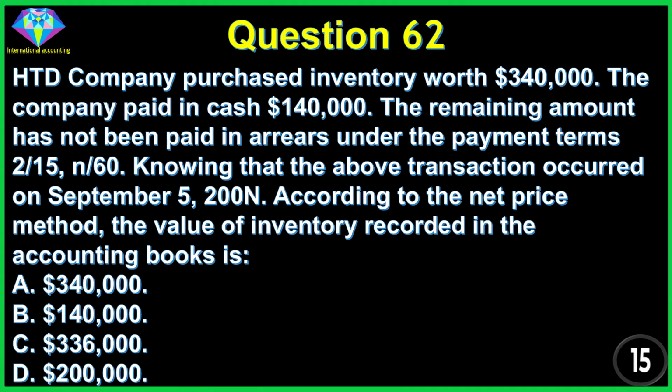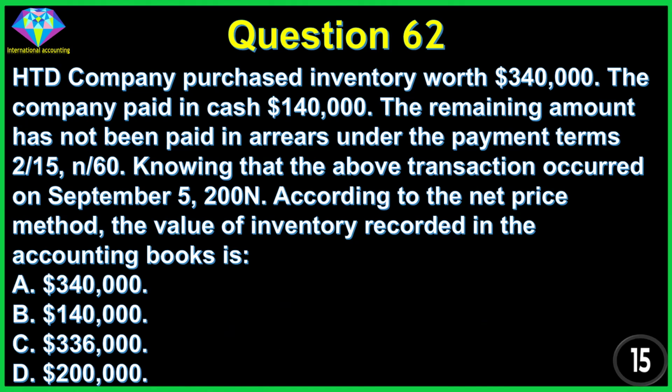HTD company purchased inventory worth $340,000. The company paid in cash $140,000. The remaining amount has not been paid in arrears under the payment terms 2/15 and 60.